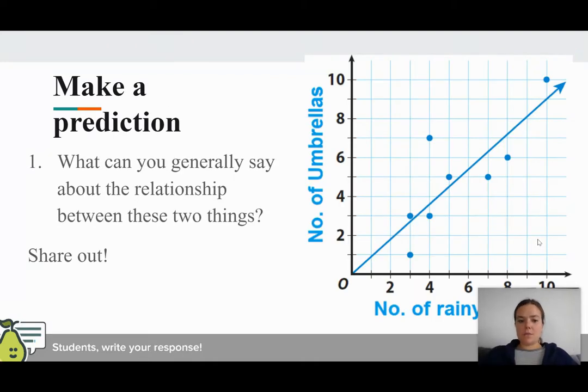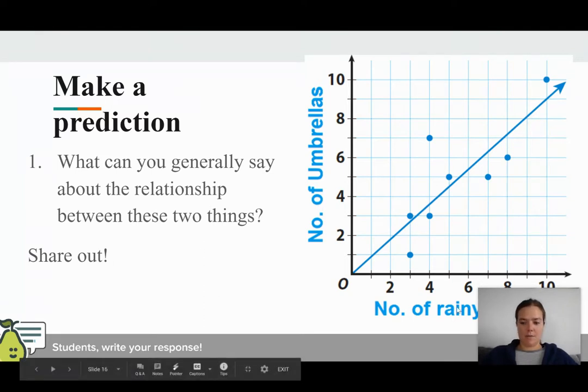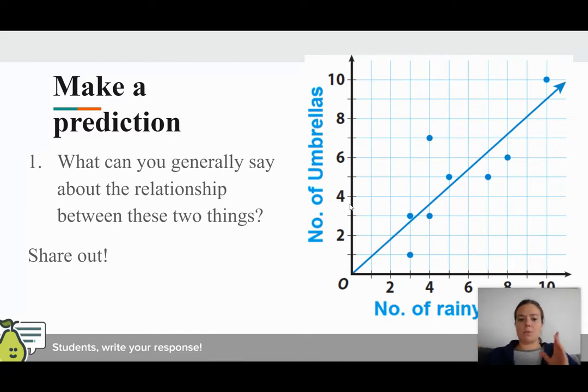All right, so this is another way to look at a pattern or make a prediction. So number of rainy days, that's what's behind here. Sorry, my face is in the way. And number of umbrellas. So what is the general relationship between rainy days and umbrellas? So you might say that the more rainy days there are, the more umbrellas there are. So you notice that although it's not a perfect line, the general trend shows that as the rainy days increase, so do the number of umbrellas.